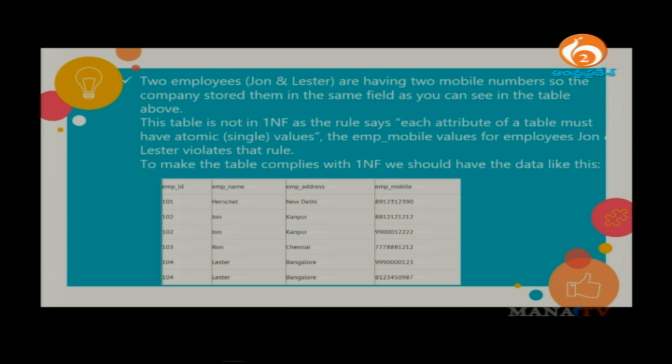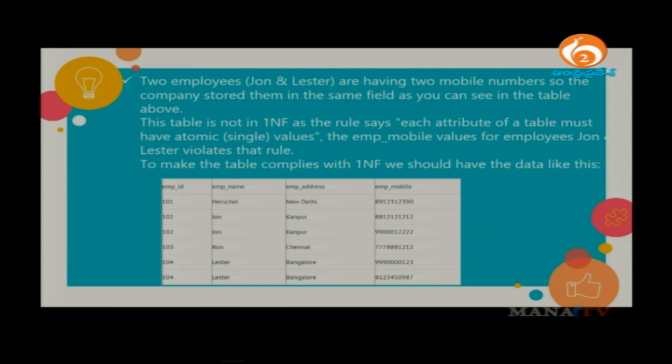As you can see in the table above, this table is not in first normal form, as the rule says each attribute of a table must have only a single value. Here the employee mobile number has multiple values, so the table has to be converted into first normal form.